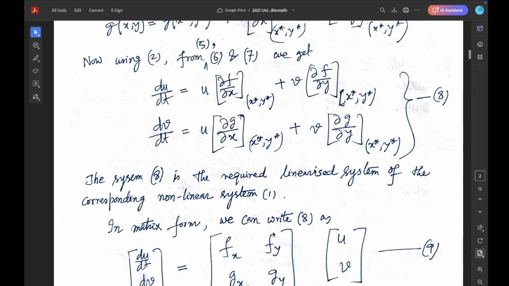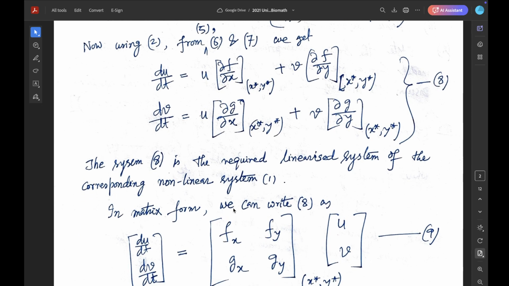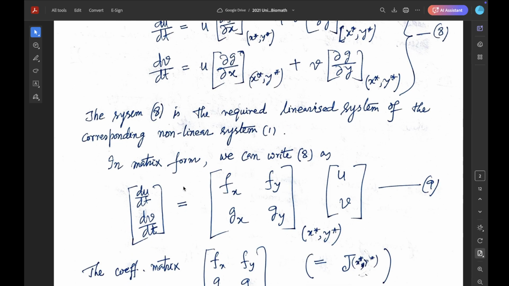In matrix notation, we can write this system 8 as the 2 by 1 column matrix (du/dt, dv/dt) equal to the 2 by 2 matrix fx, fy, gx, gy, that is ∂f/∂x, ∂f/∂y, ∂g/∂x, ∂g/∂y, times the column matrix (u, v).